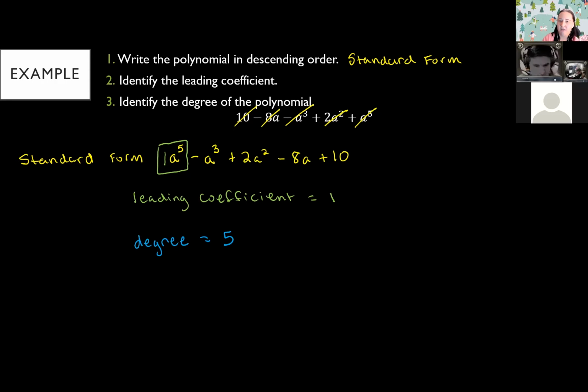So this is a 5th degree polynomial. We don't have any special names for this. I guess sometimes for degree 5, you might see the word quintic, but that's very rarely used, so I would not even bother writing that down. Any questions?